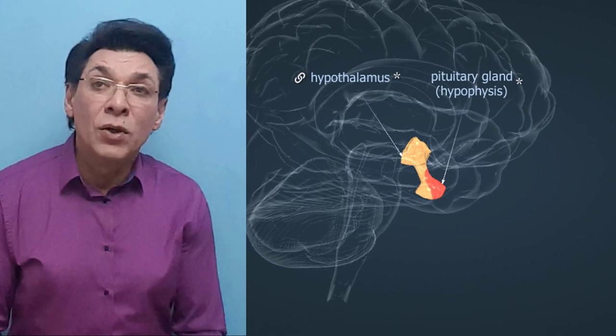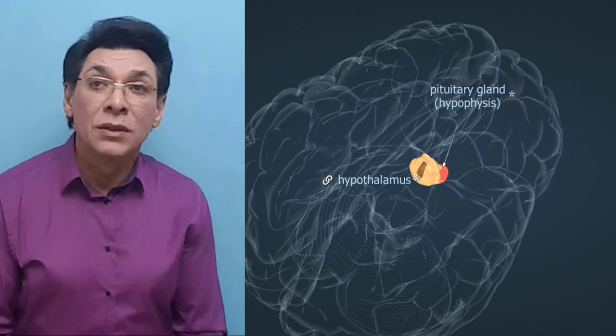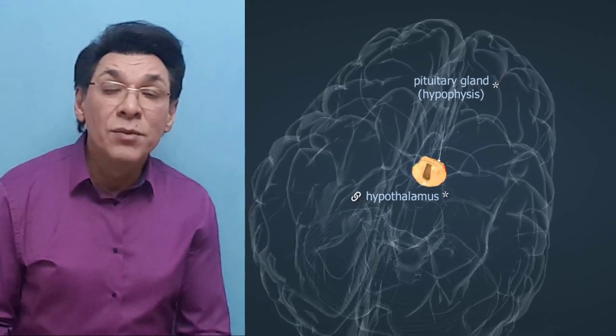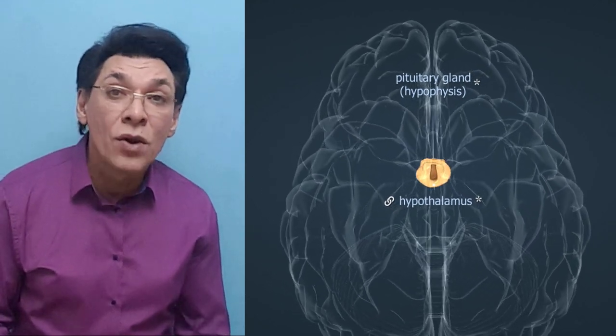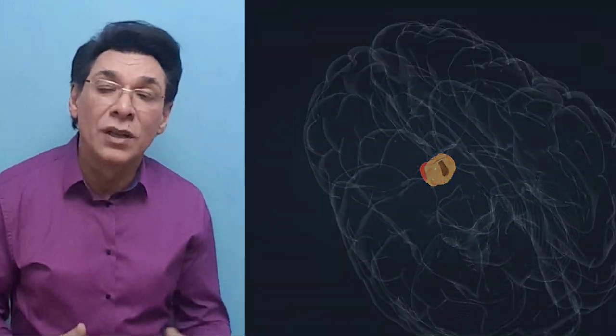Second hormone is adrenocorticotropic hormone, also called corticotropin, which stimulates secretion of steroid hormones called glucocorticoids from the adrenal cortex.